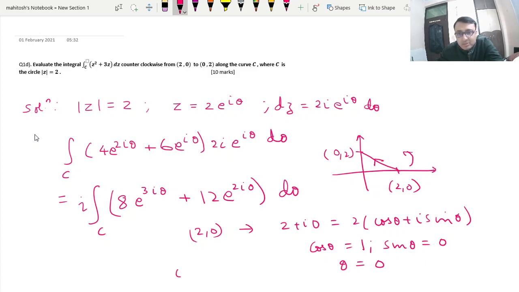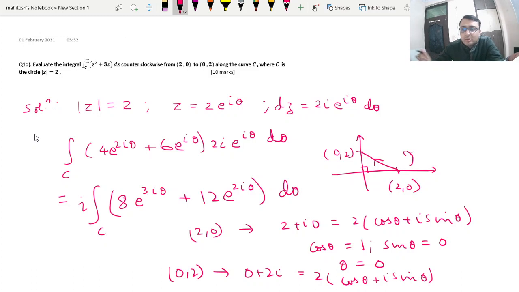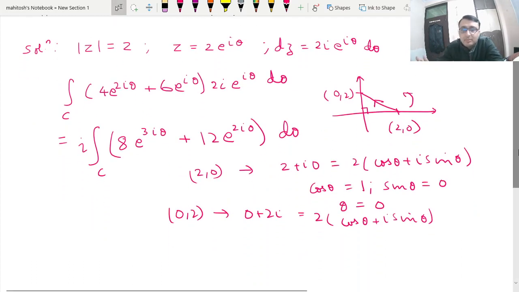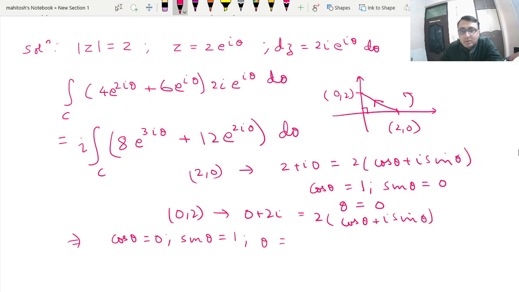On similar lines, it is also seen that 90 degrees has been swept. So we can write 2i as 2 cos theta plus i sin theta. We can find the value for this part as well: cos theta is 0 and sin theta is 1, and this is when theta is equal to pi by 2.